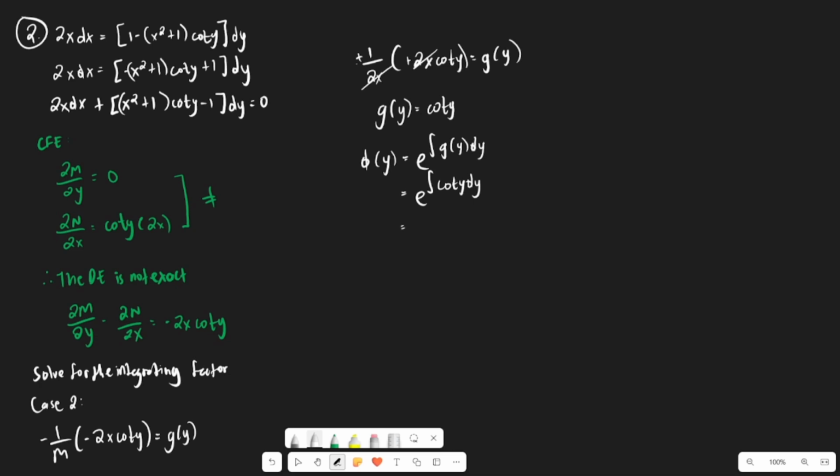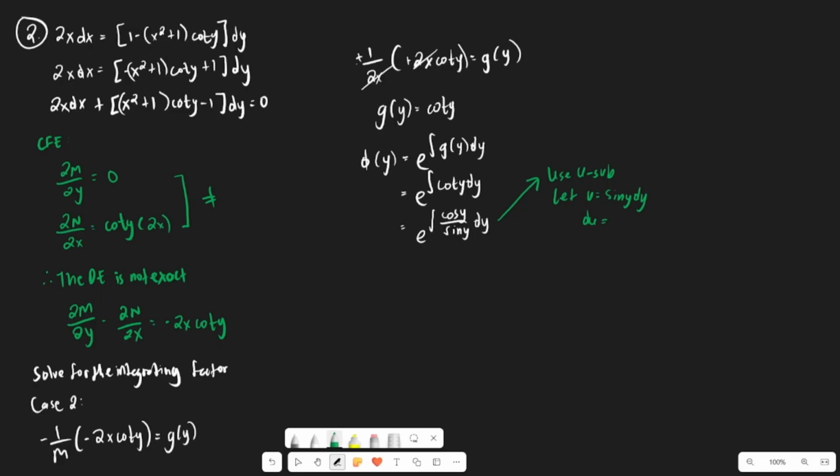Now cotangent y can be expressed as cosine y over sine y dy, and we can use u substitution such that we let sine y be u, since we can find the numerator cosine y as its derivative.